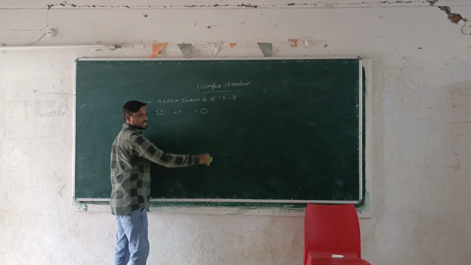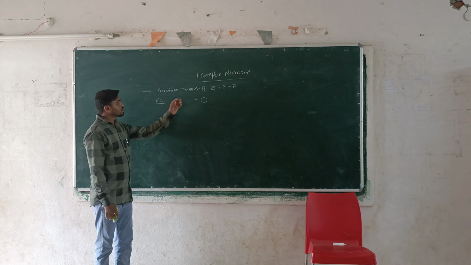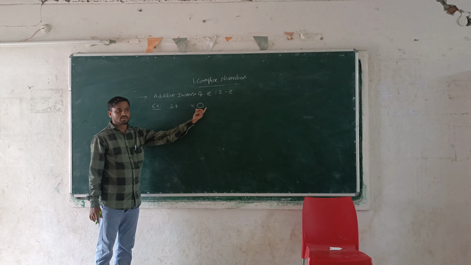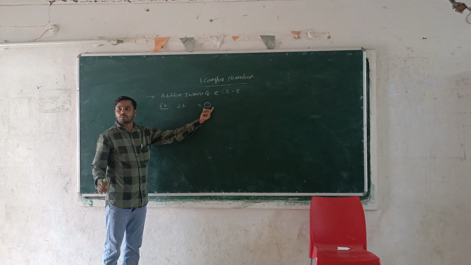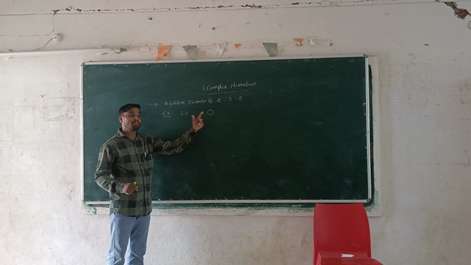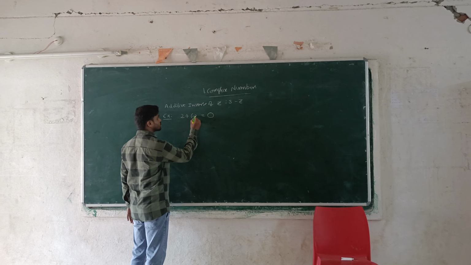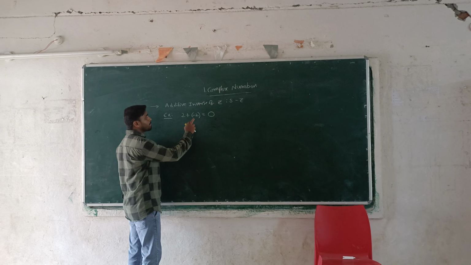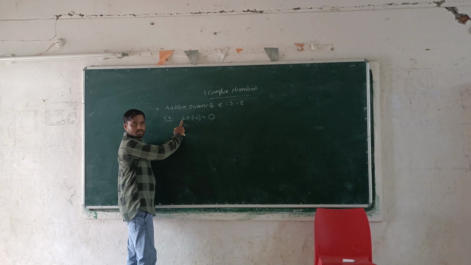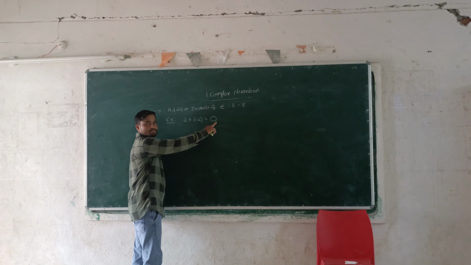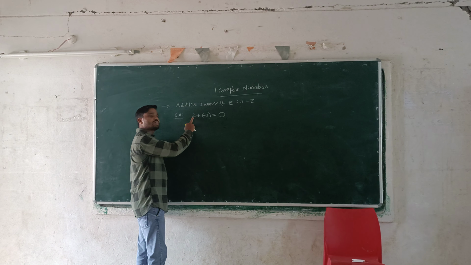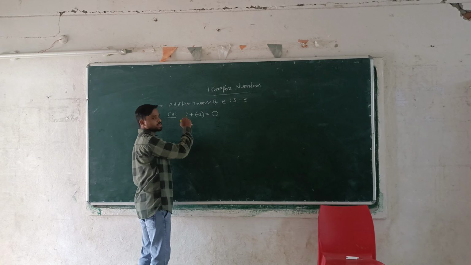What number do we need to add to make it 0? Minus 2. Very good. Minus 2 is called the additive inverse of 2 because you get a result of 0. And 2 is called the additive inverse of minus 2.